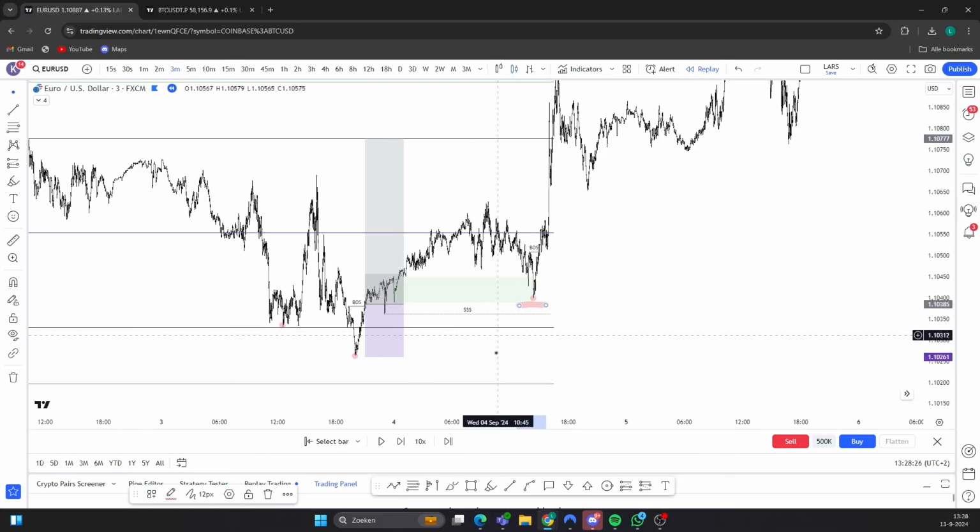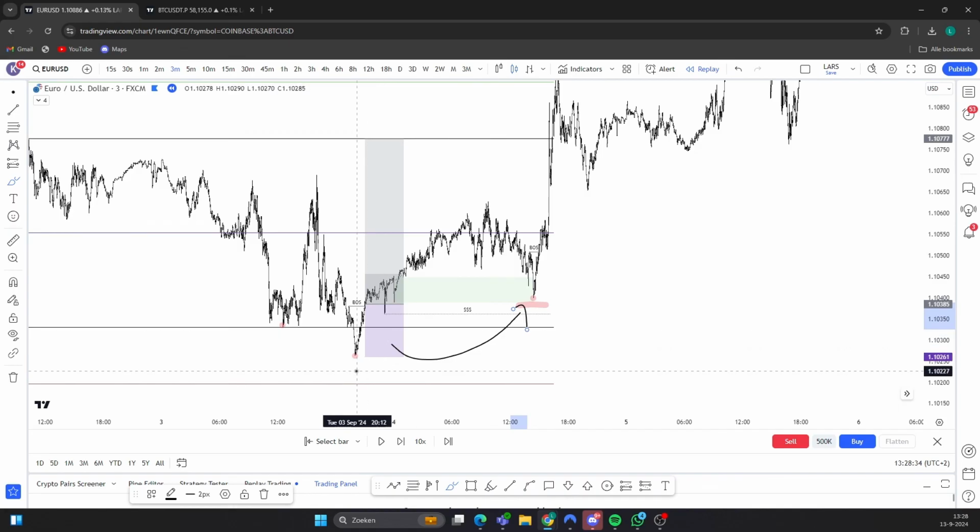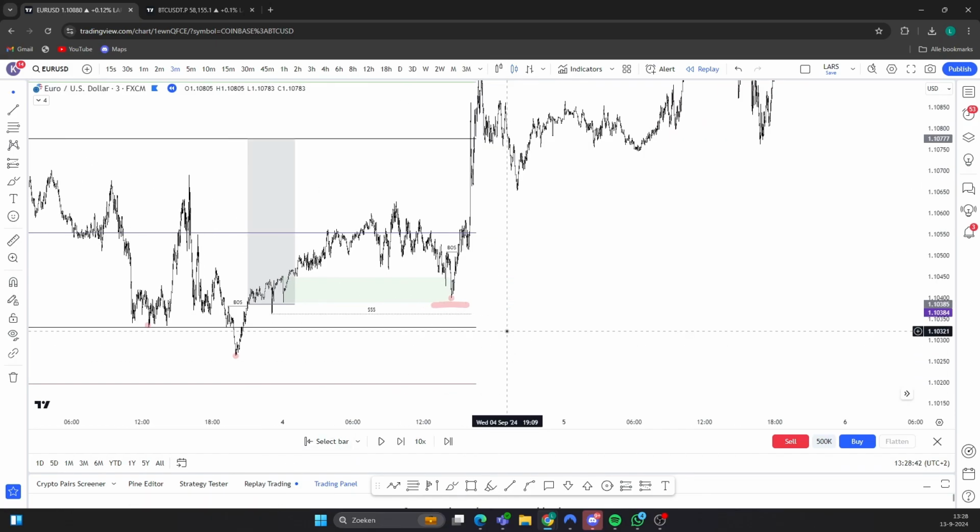So what you can do is trail your stop loss below that low. That low is above your entry, meaning your stop loss can go to entry and you are de-risked, not risking any more money on the trade.